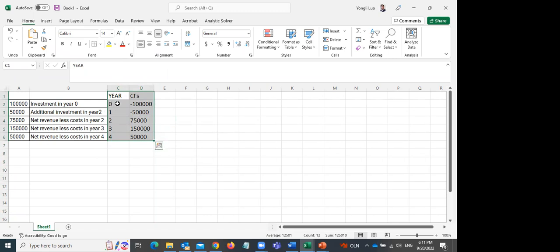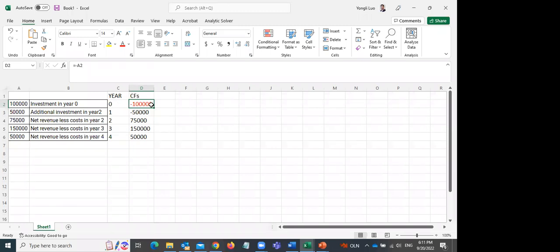Good, right? So the first one is year zero. Year zero is your cost. The cost is a negative number because the money goes out of your pocket.